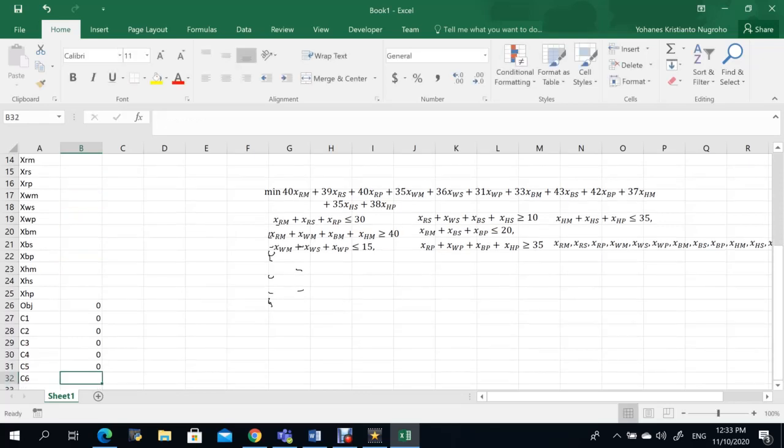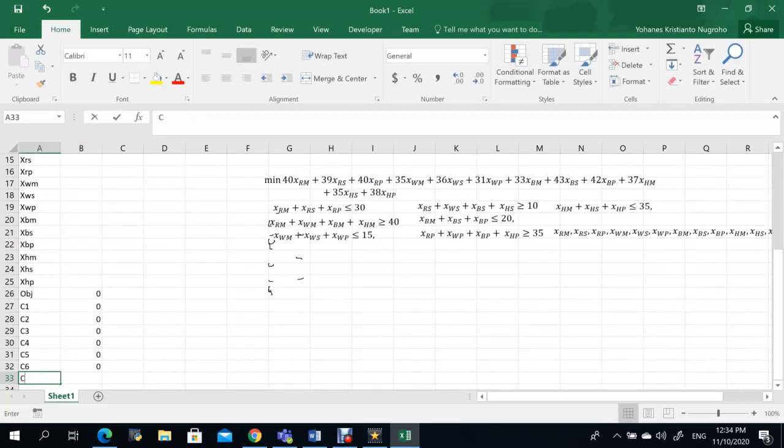Okay. Constraint number 6 says that RS plus WS plus PS plus HS.